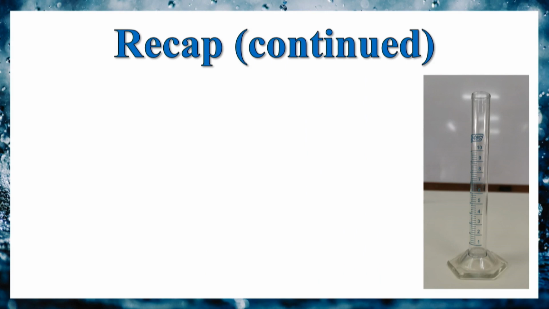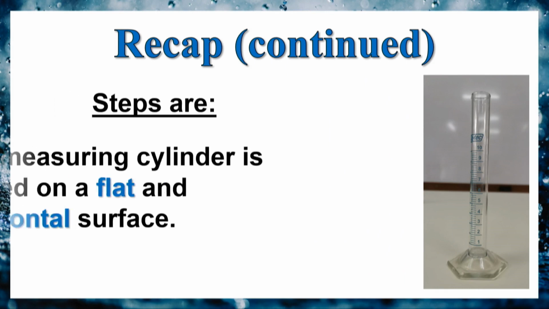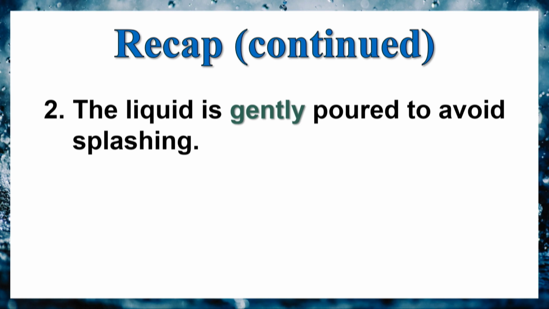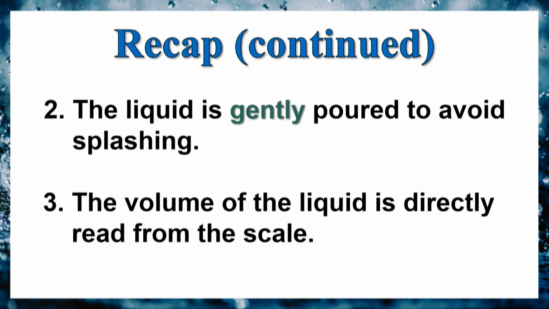And to do this, firstly, the measuring cylinder is placed on a flat and horizontal surface. The liquid is then gently poured into the cylinder to avoid splashing. Lastly, the volume of the liquid is read directly from the scale.